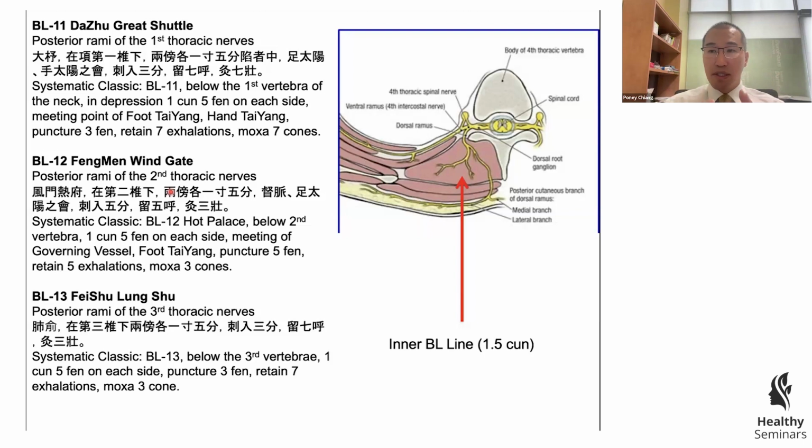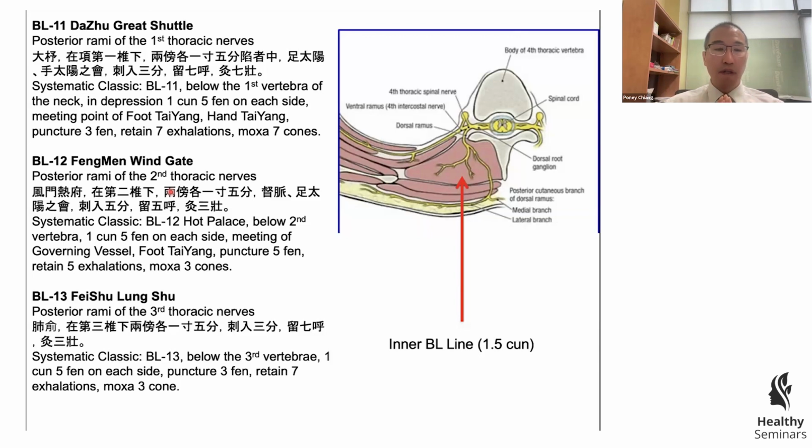But there are some interesting instances where the anatomy information has more depth, or point location may differ slightly from what we learned in school. When those interesting situations arise, I'll take special time to talk about it.